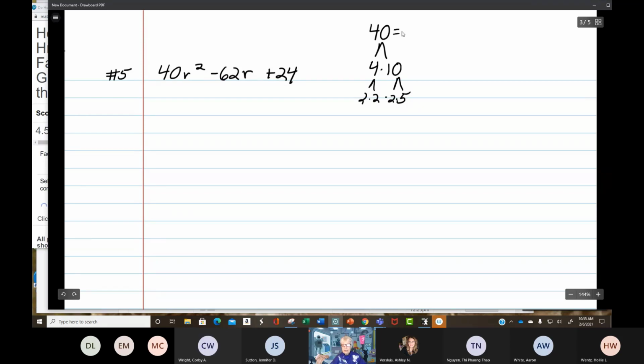So 40 equals 2 times 2 times 2 times 5. 62, don't worry about the sign, not right now. 62, I know that's going to be 2 times 31. 31 is a prime.